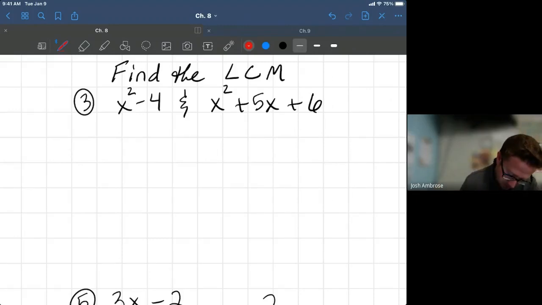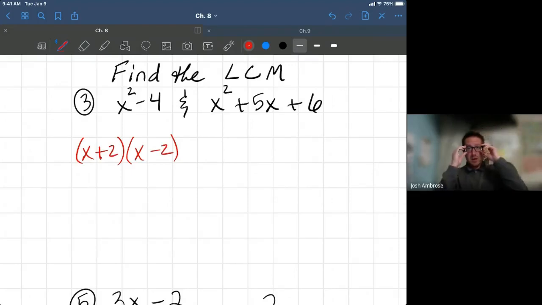Okay, so this side is going to factor into x plus 2 and x minus 2. How do I know that so quickly? Because it's a perfect square binomial. We've talked about this in past videos. x squared is a perfect square. 4 is a perfect square, and it is subtraction. So it fits all three parameters.